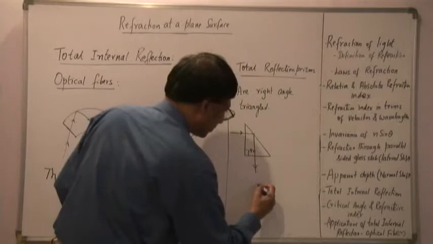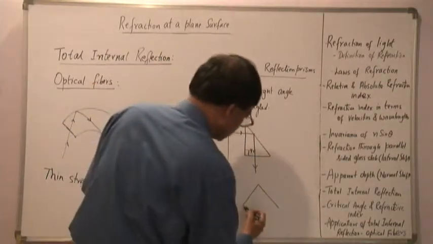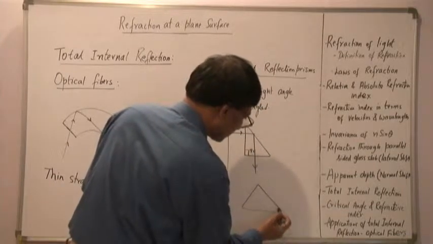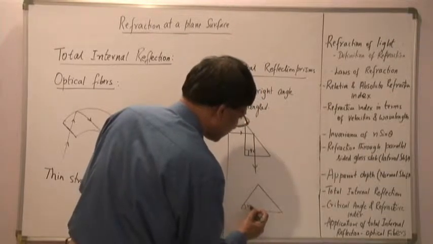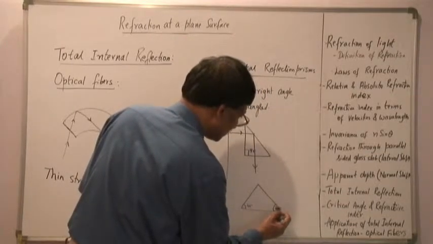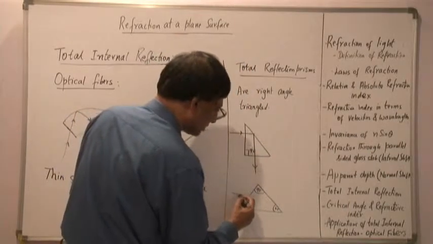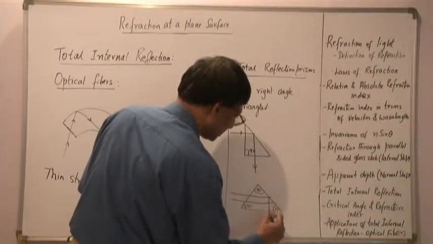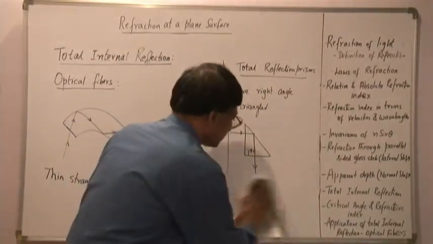And now we have one more here, which is of this shape. This is 45 degrees, this is 45, and this is 90. The light is made to be incident on this, and it gets totally internally reflected. Incidentally, I made a mistake here. Let me rewrite this.